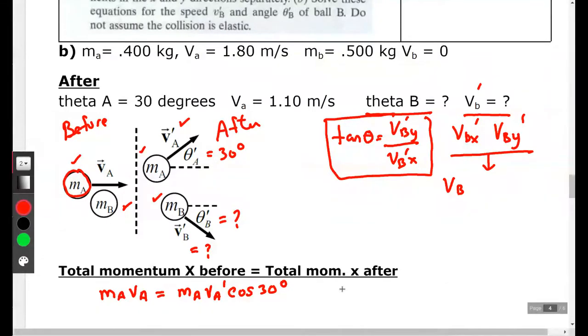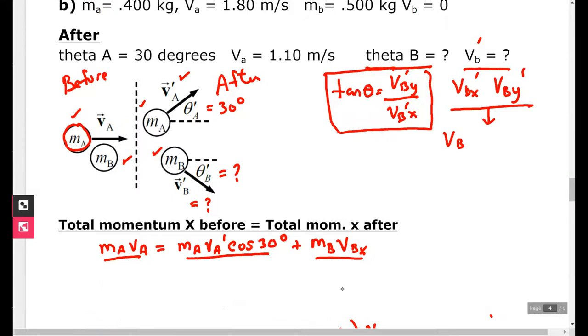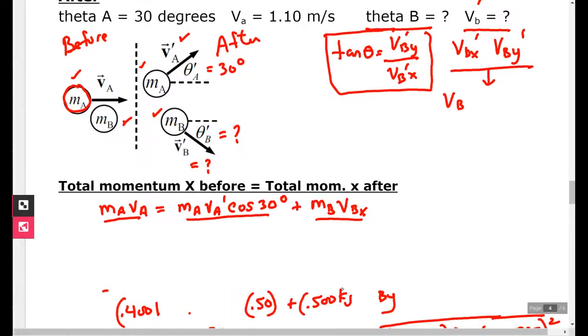That's the x momentum after, plus mB times VBX. The only unknown in this equation is VBX, which is terrific, because we want VBX and VBY to use the Pythagorean theorem to get VB.